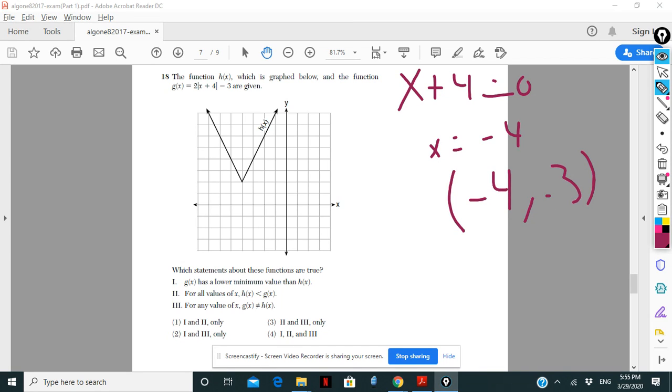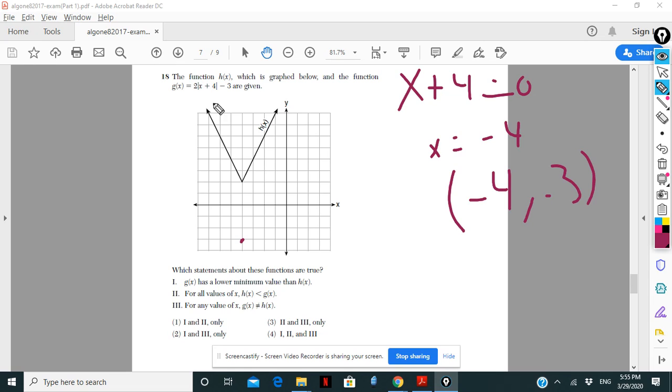So I go negative 4, 1, 2, 3, 4, and negative 3, 1, 2, 3, and it's over here. And it's opening up because the a value is positive. So let's pick, for example, negative 1, so 3, 6, so 3, so negative 3, negative 3, and 3.